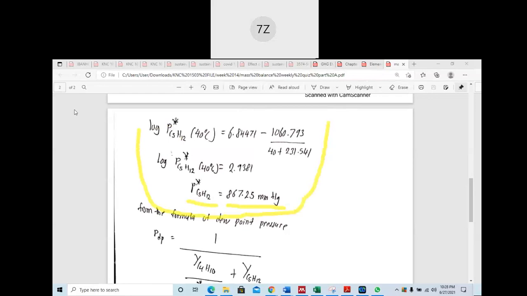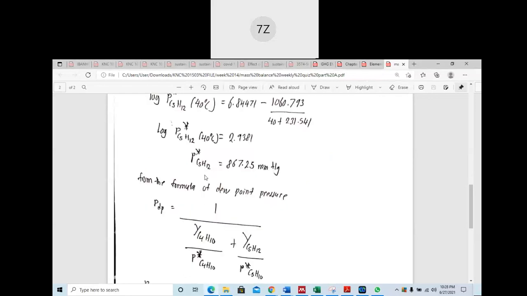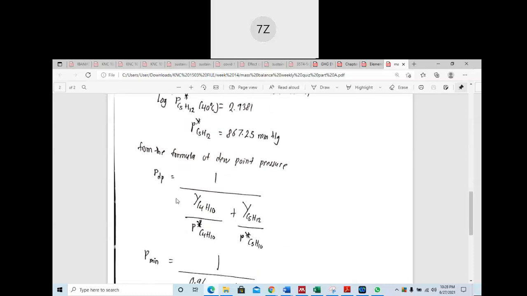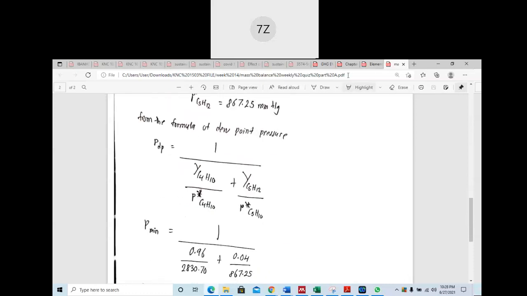After it's done, next we go back to the dew point pressure from before. So our dew point pressure is this one. This is the general formula for the dew point pressure. Here is our constant one. Here is our molar composition for C4H10, and here is our molar composition of pentane.